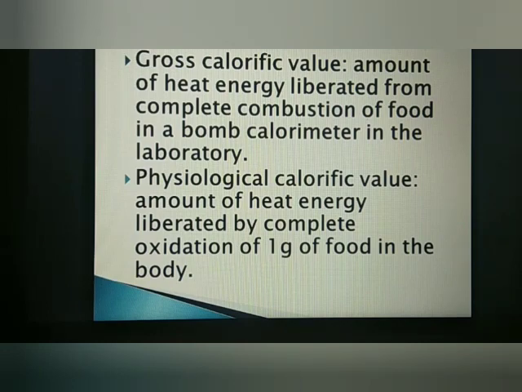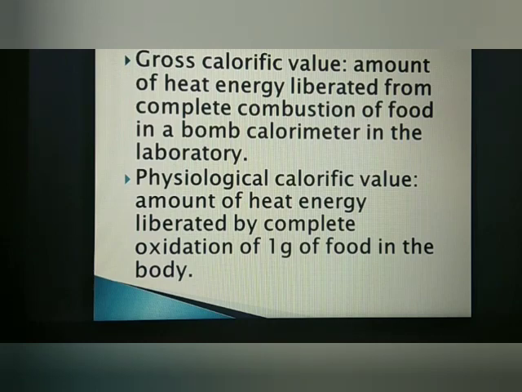If you are completely oxidizing or burning a particular food item in the laboratory in closed condition, it is a bomb calorimeter, a closed chamber where there is no escape of heat.